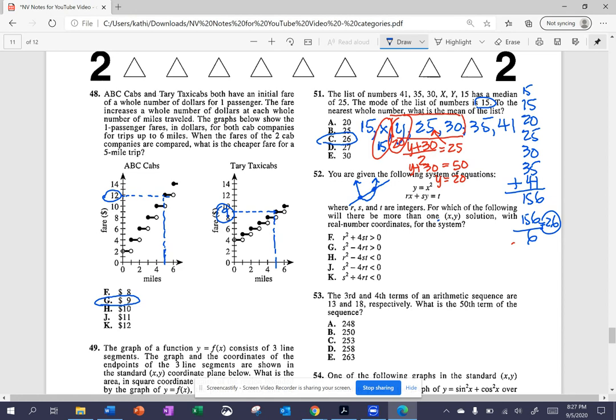And I know I have two solutions when the discriminant is greater than 0. So that's b squared minus 4ac is greater than 0.